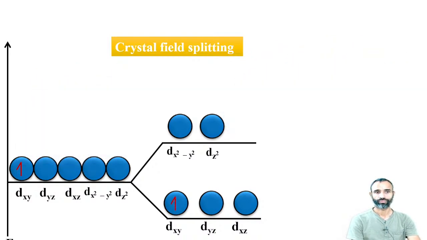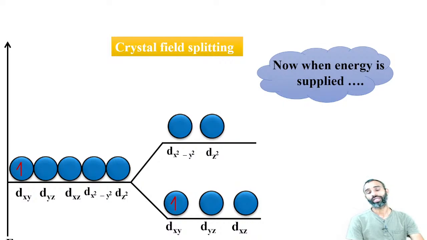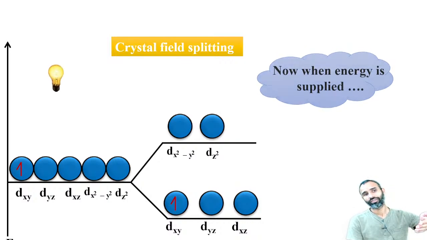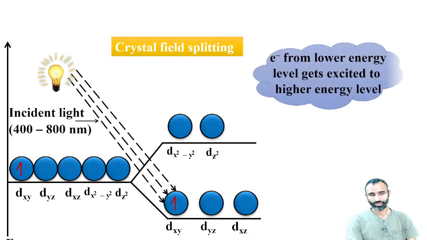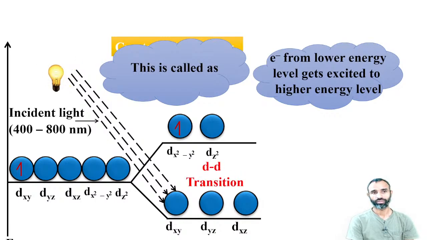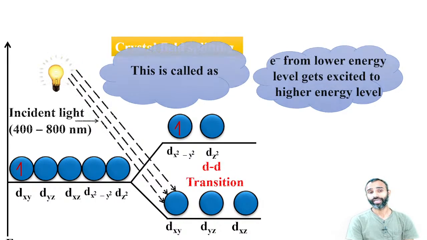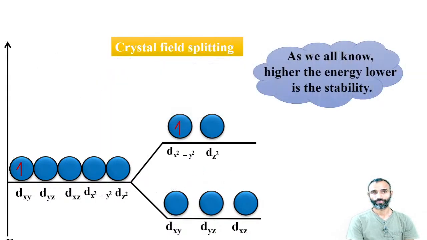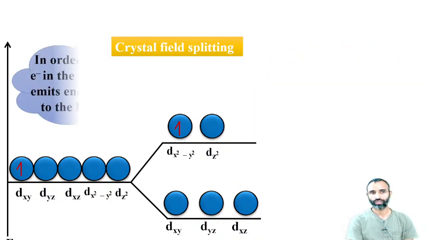Yes. So now when the energy is supplied, what happened? This electron shifts to the eg level, and this is called d-d transition. If there is a higher energy, then stability is lower.